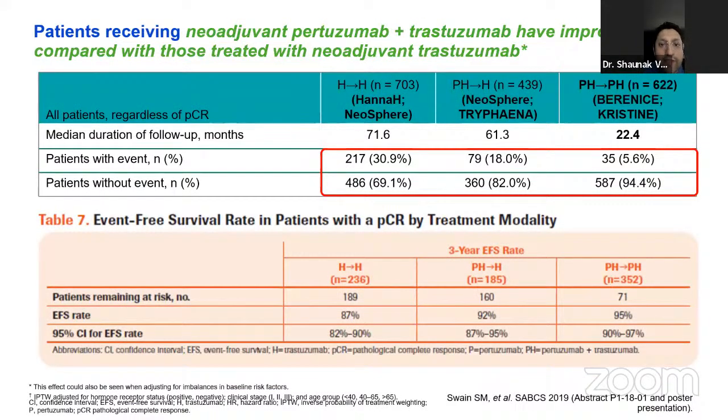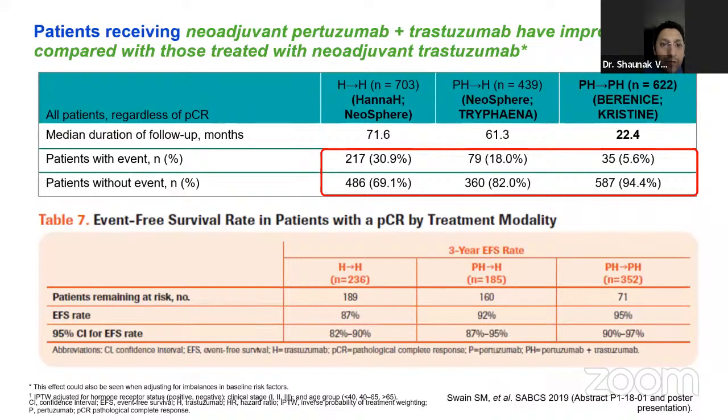So what is the benefit of neoadjuvant pertuzumab plus trastuzumab? First is the improved event-free survival compared to those treated with neoadjuvant trastuzumab. Secondly, there's always a decision where after the use of dual HER2 blockade in the neoadjuvant setting, do we continue the dual HER2, or do we step down to trastuzumab alone?